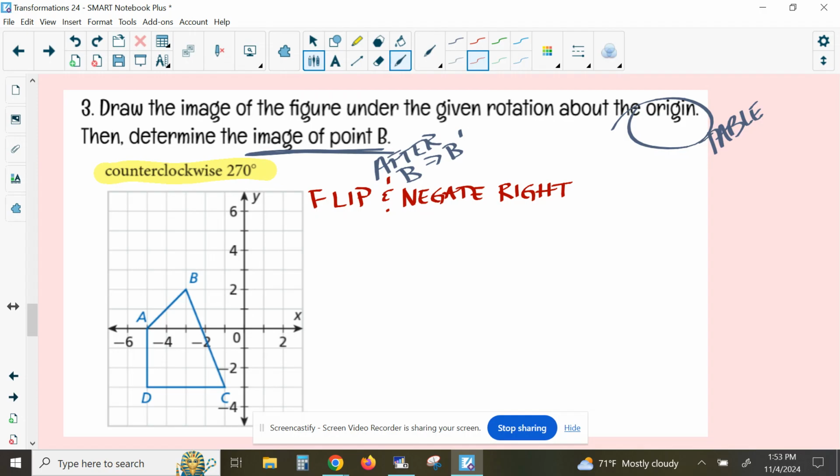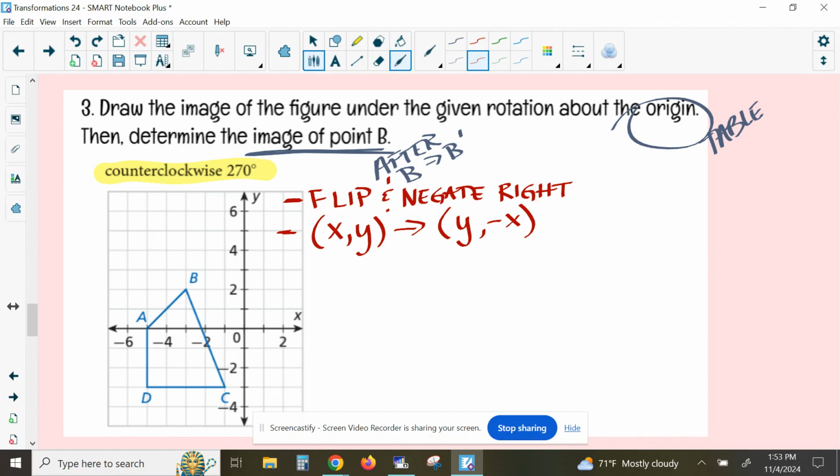If you memorize flip and negate the right, then you could use that. If you memorize the x, y, what does that change to? y, negative x. So you have to memorize either the first one or the second one. It doesn't even matter, either memorize this way or this way. You got to know something.